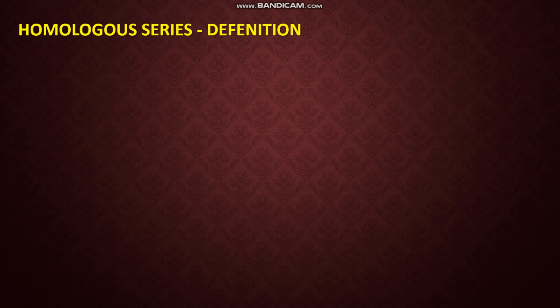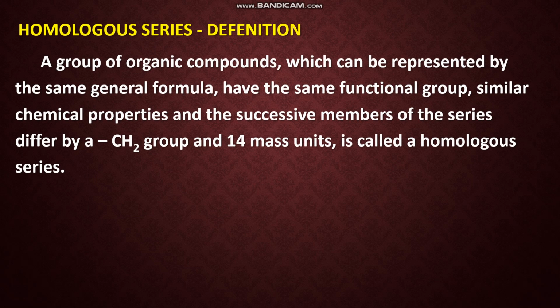Now, considering all these points, let us see the definition of a homologous series. A group of organic compounds which can be represented by the same general formula, have the same functional group, similar chemical properties, and whose successive members differ by a CH2 group and 14 mass units is called a homologous series.